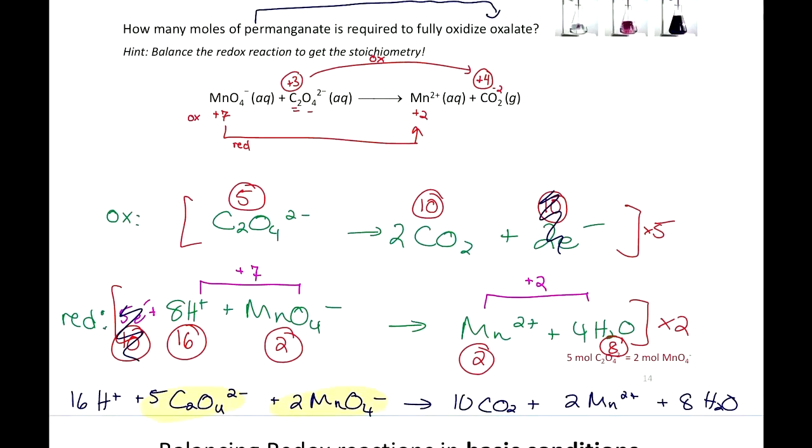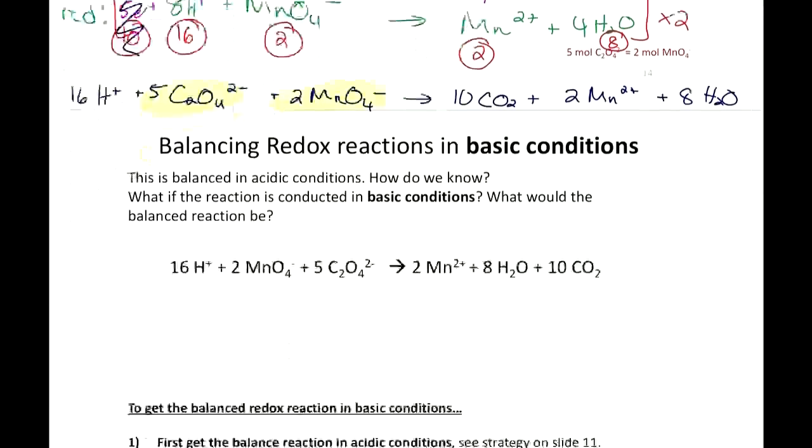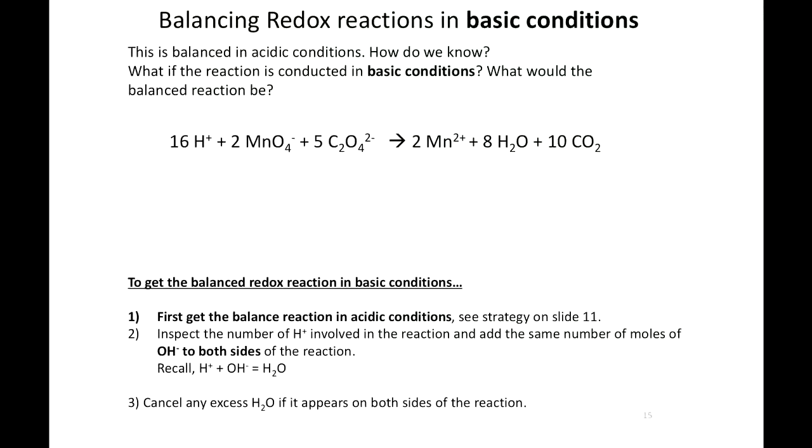We got that the number of electrons transferred, I think, was 10. And so to balance a redox in basic conditions, if you start with in acidic conditions, simply all we have to do is neutralize that acid with a base. So we want to add 16 equivalents of hydroxide to both sides of this reaction to balance it in basic conditions, and then we just have to clean it up a little bit.